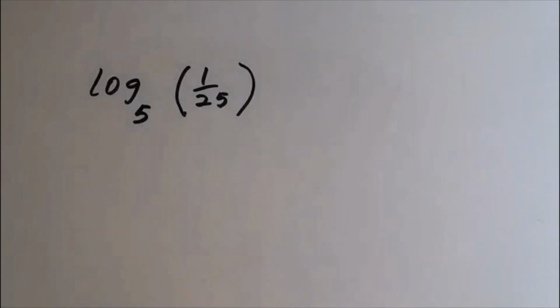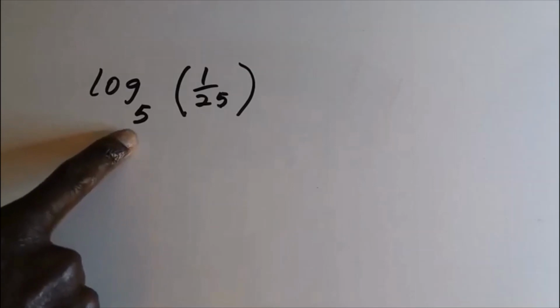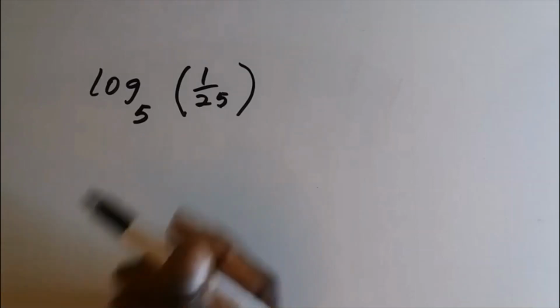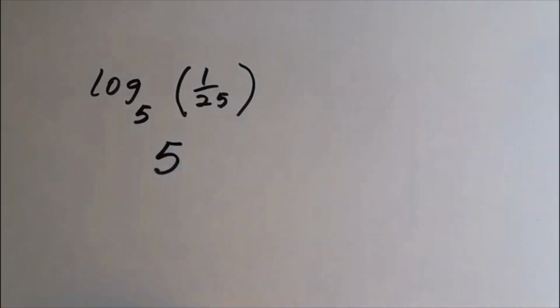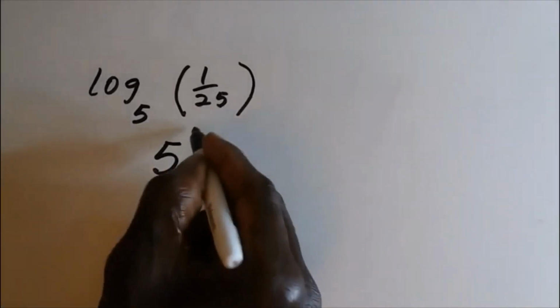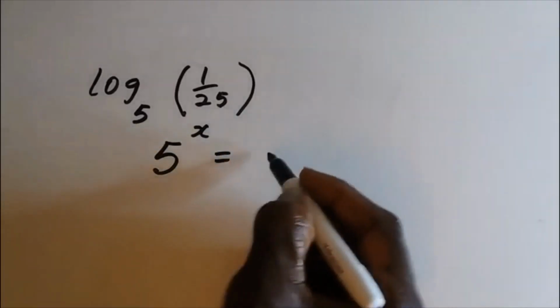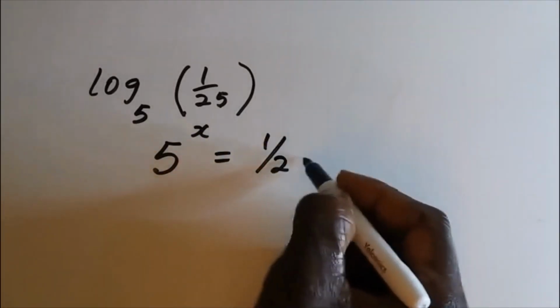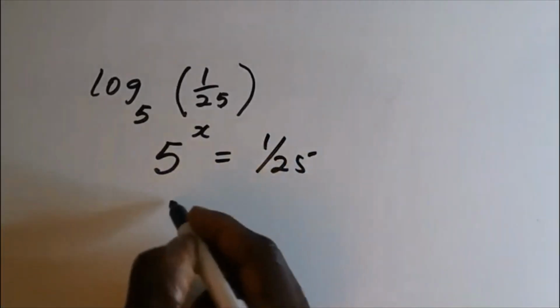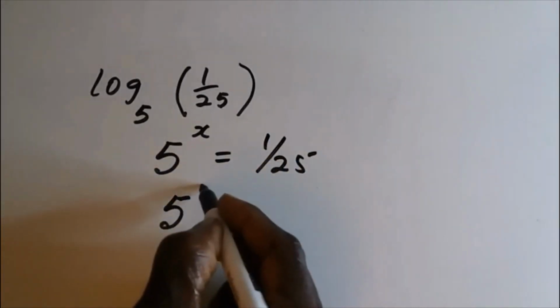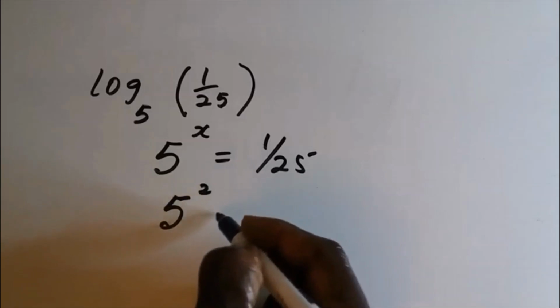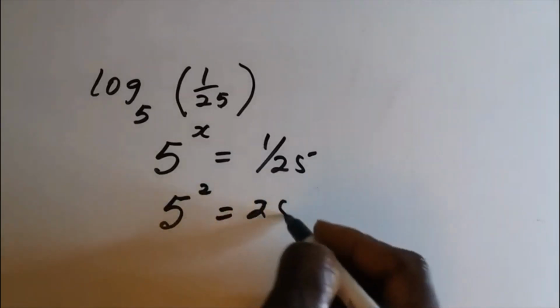Here's another logarithm to evaluate. It's asking the question, what do we have to raise the base 5 to get 1 over 25? We know that if we raise the base 5 to 2, or square it, we get 25.